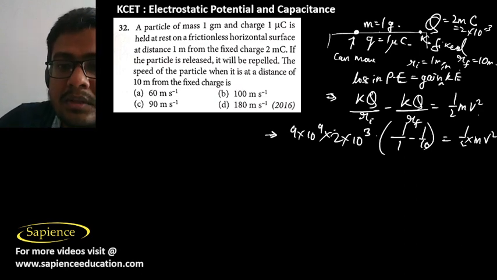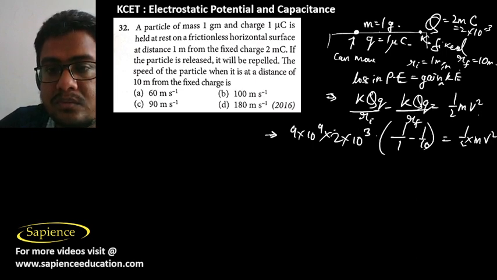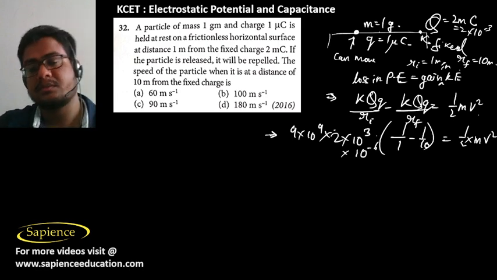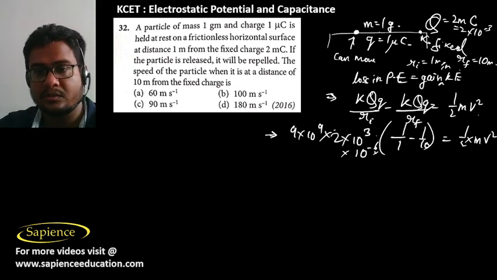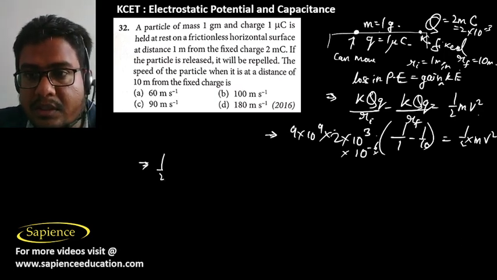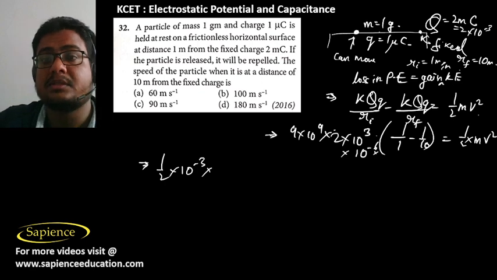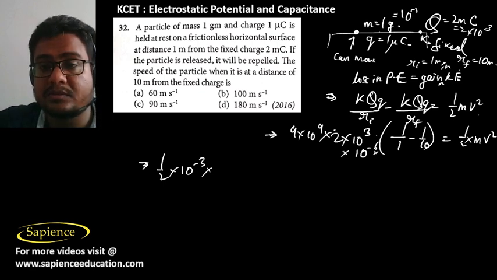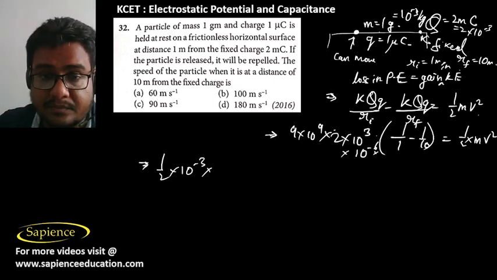The potential energy should actually be KQq by R, so q also we have, 1 microcoulomb, 10 power minus 6. Therefore, half into M, where 1 gram means 10 power minus 3 kg, since we should use the SI units only.